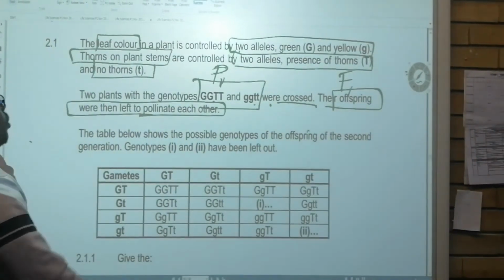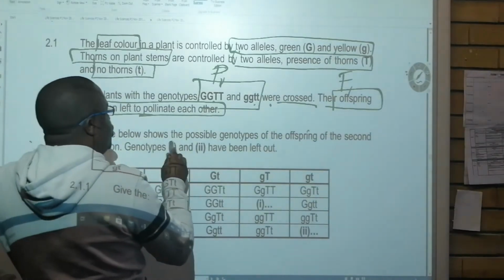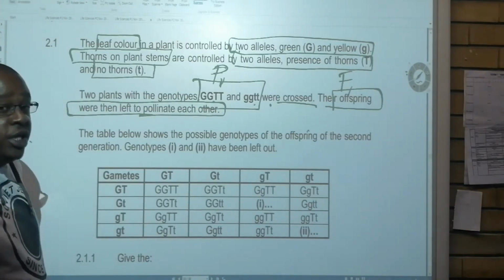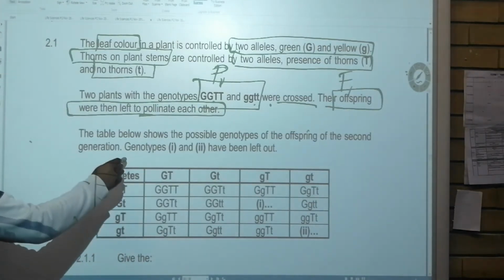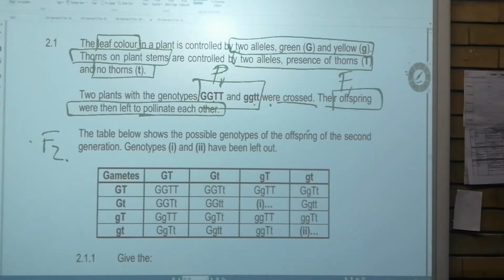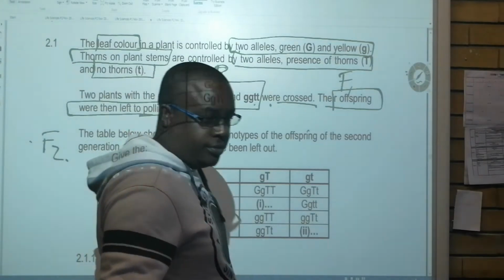F1. Were then left to pollinate each other. The table below shows the possible genotypes of the offspring of this second generation. That's F2. Genotypes 1 and 2 have been left out.